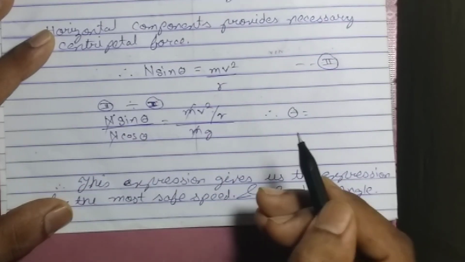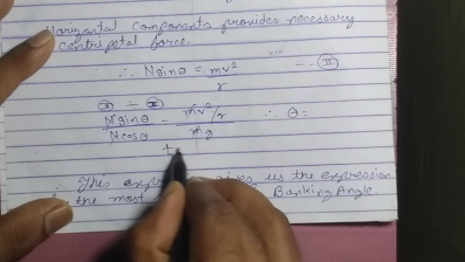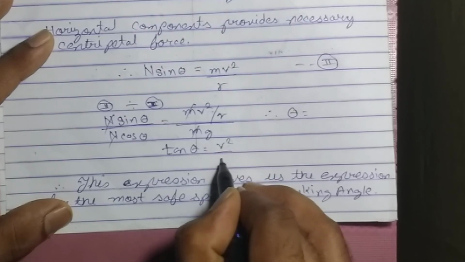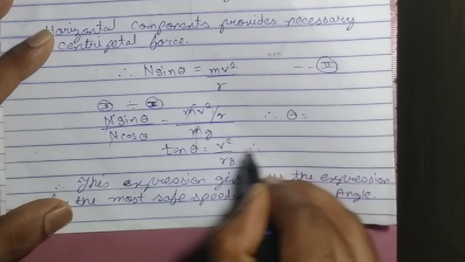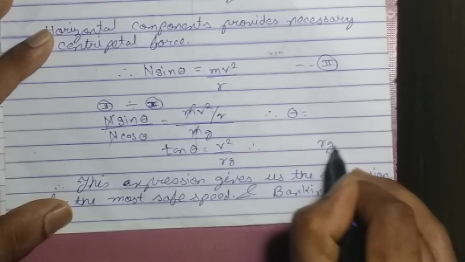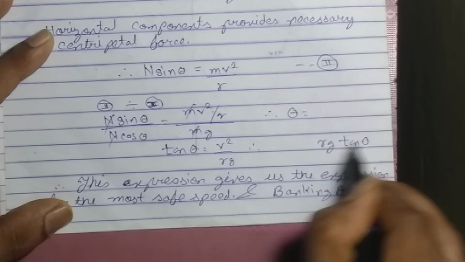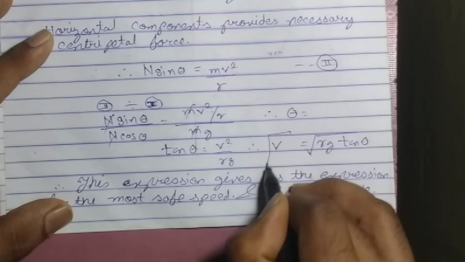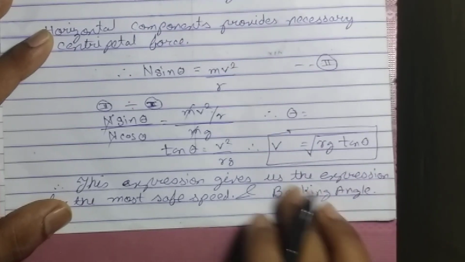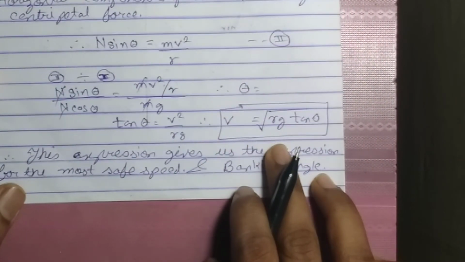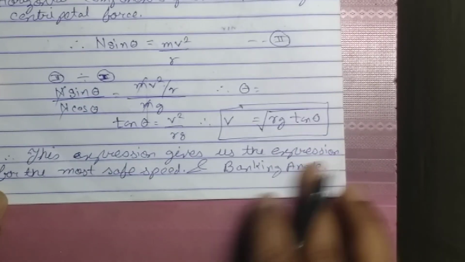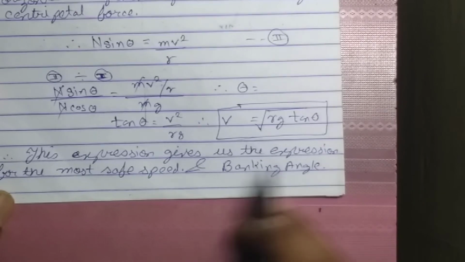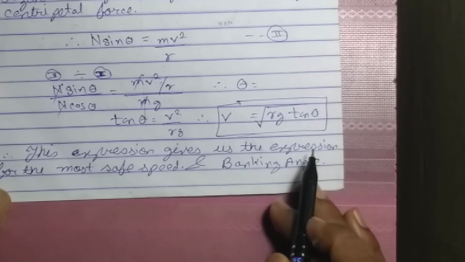So what is sine upon cos? Sine upon cos is tan theta, which equals v square upon rg. If I shift the rg term over, rg multiplied by tan theta equals v square. If I take the square root, the velocity along the banked road is given by v equals under root of rg tan theta. This expression gives us the maximum safe speed on the banked road.